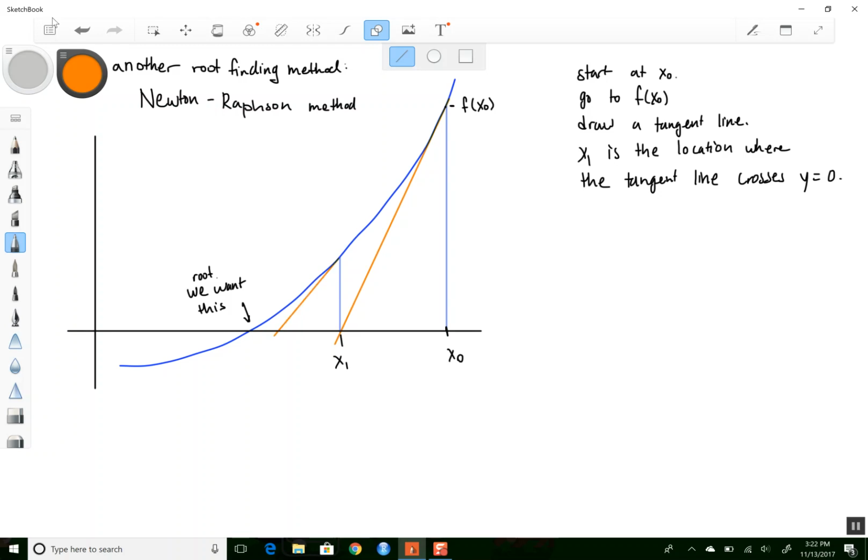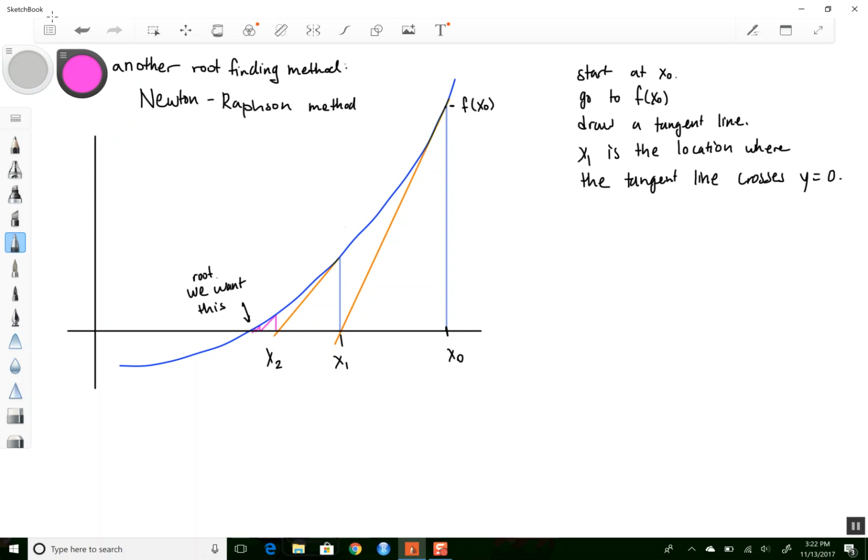And then this location right here will be x2. And you can just imagine this going on continually until you go boop, boop, boop, boop, and then you get to the spot you're looking for, right? Okay, so visually, do we understand what's happening here?